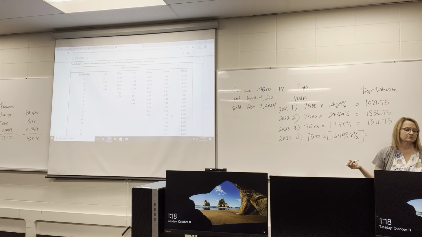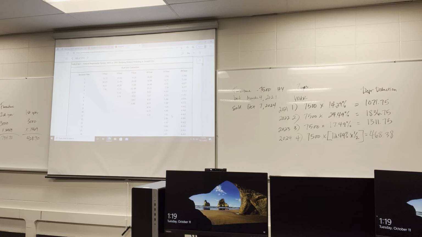Divide the percentage by 2 or divide the result by 2, if you want. $468.38. So there's how much depreciation we would take in each of these years for a 7-year property.